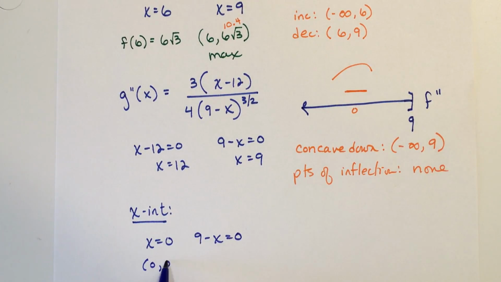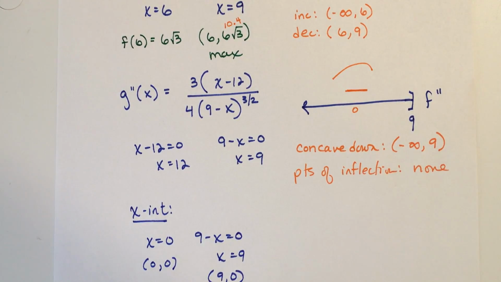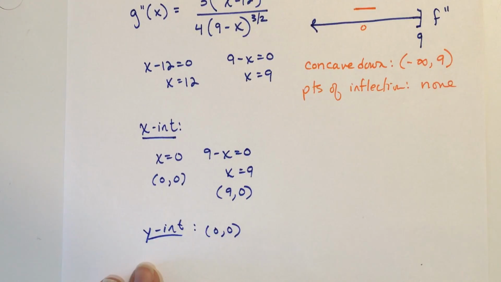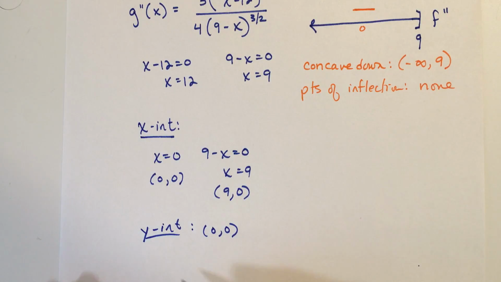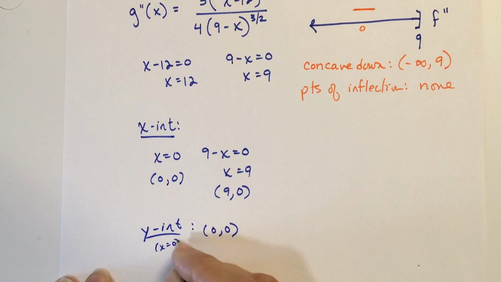So this would be the point 0, 0, and this would be the point 9, 0. And then y-intercept, of course, that would obviously end up being 0, 0. Of course, you find a y-intercept, remember, by substituting 0 in for x. So you're going to get 0.